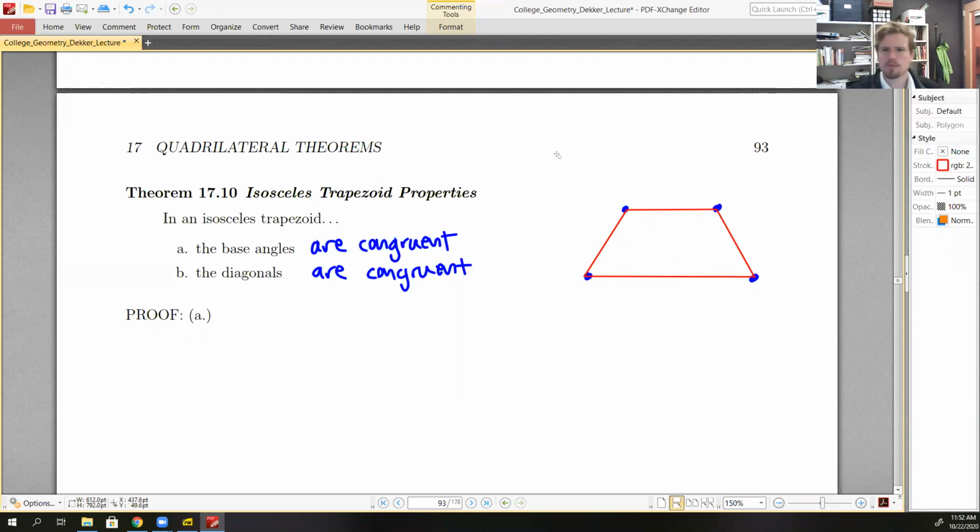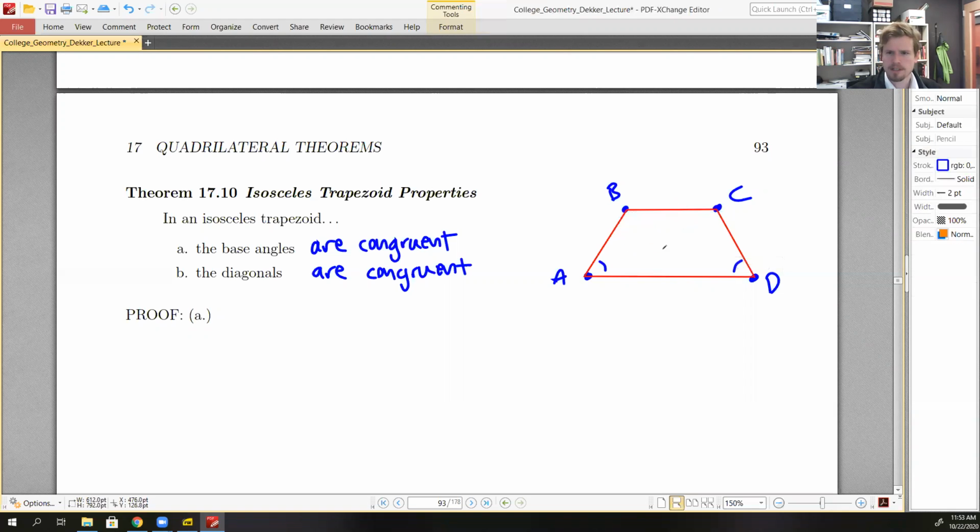Right, isosceles trapezoid. Let's go ahead and label these vertices as A, B, C, and D. What we're saying here is that the base angles, angle A and angle D, are congruent, and we're looking at the diagonals are congruent.